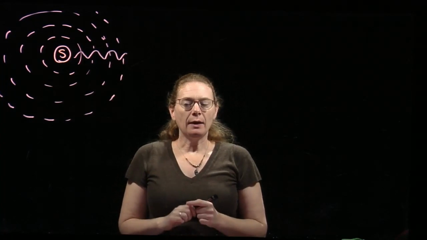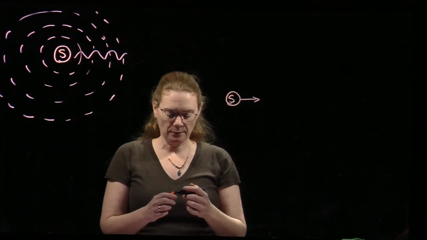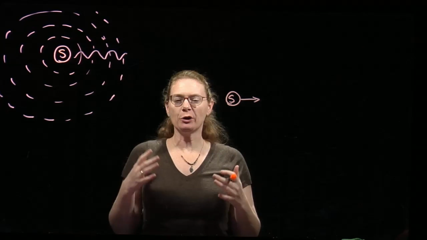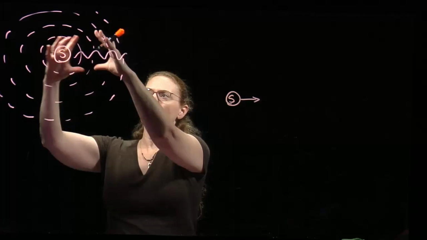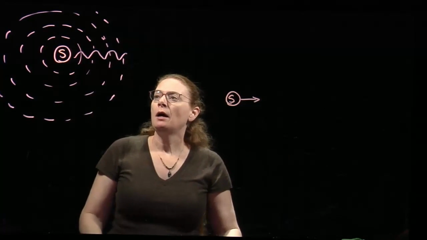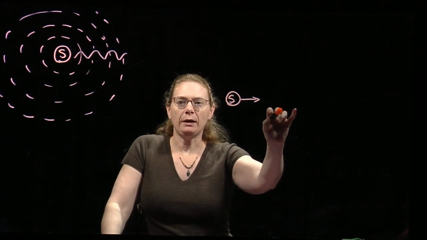But what if that source of sound is moving? What would happen if we have the source of sound moving to the right? I'd like you to think about this and predict what these circles would now look like. How would these change if that source of sound were moving to the right?